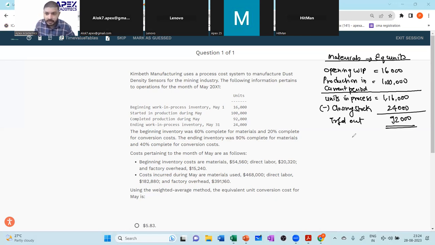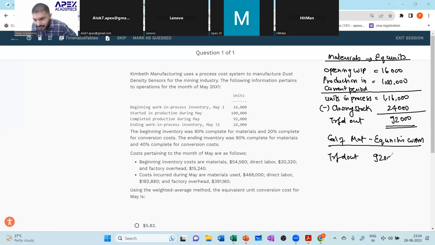These are transferred units. Now, calculation of material equivalent units under VAM. Haripriya, I expect your answer to be ready. Here, transferred out is 92,000. To this, I will add closing stock, which is 24,000 units. I am looking at materials, so I need to see what percentage of materials is completed.